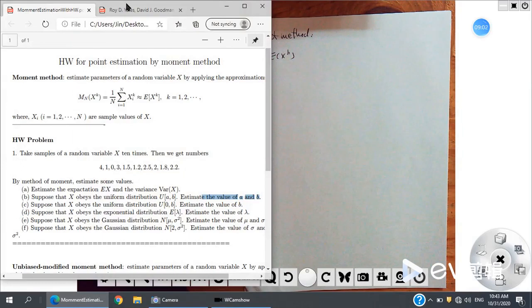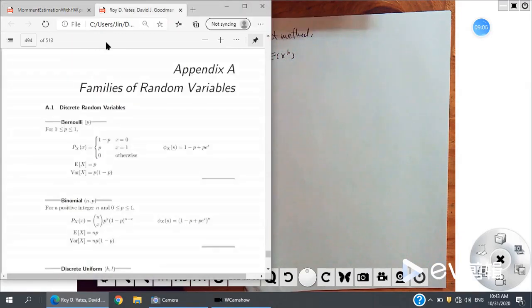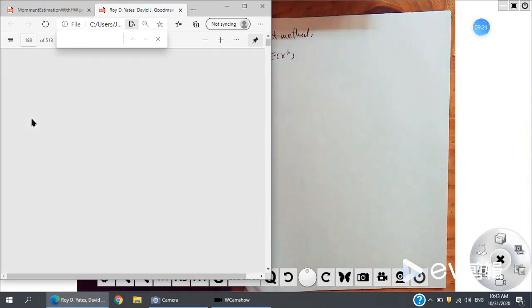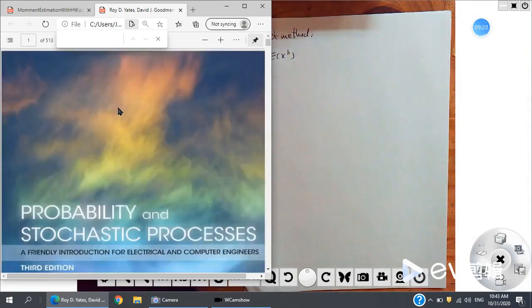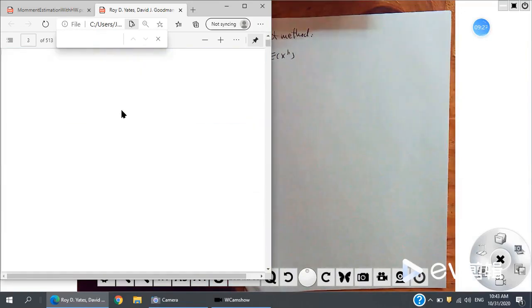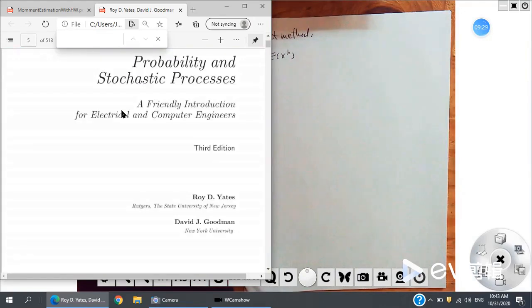I have the textbook. Let me find. Oh no, which section, which chapter? Oh, I forget. Go to the back. Go to the front. Yeah, I want to show you where it is in the textbook.